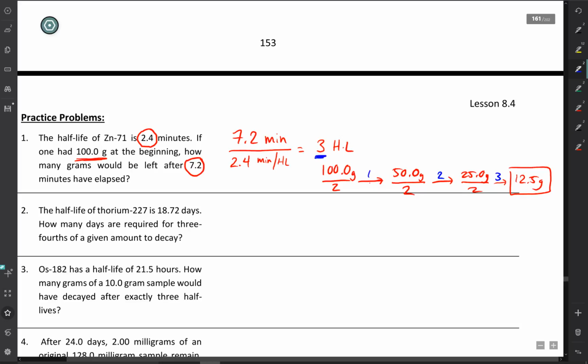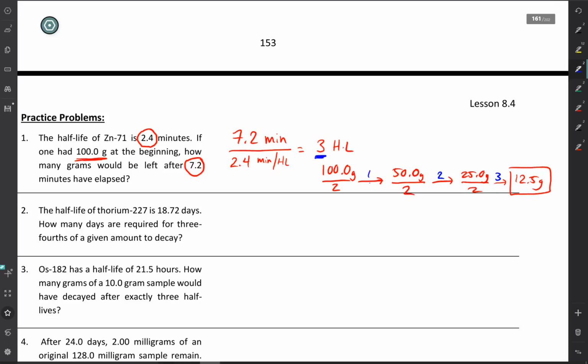I calculated based on the information provided that 3 half-lives have passed. So if I start with 100 grams, after 7.2 minutes, I should have 12.5 grams of zinc 71 remaining. That's basically how you want to try to solve these problems. Figure out how many half-lives have gone by, and then what impact is that going to have on the total amount of sample that you have.